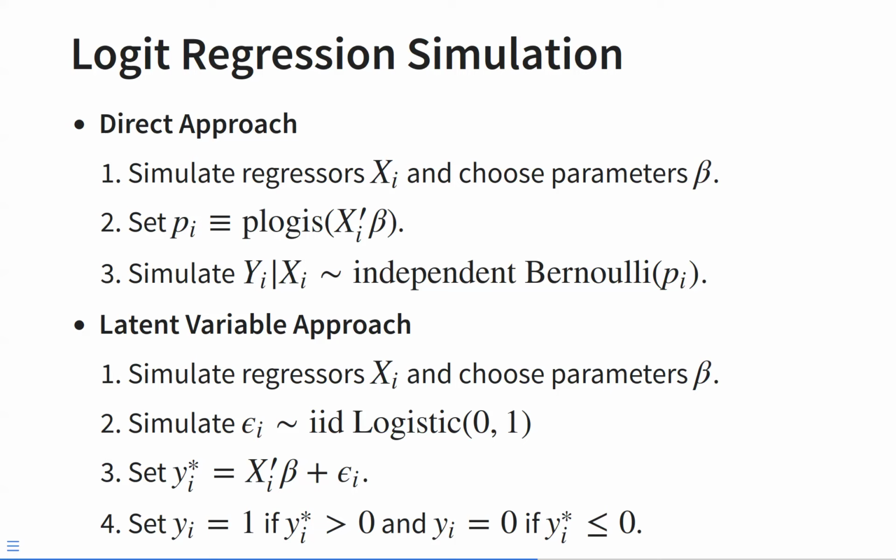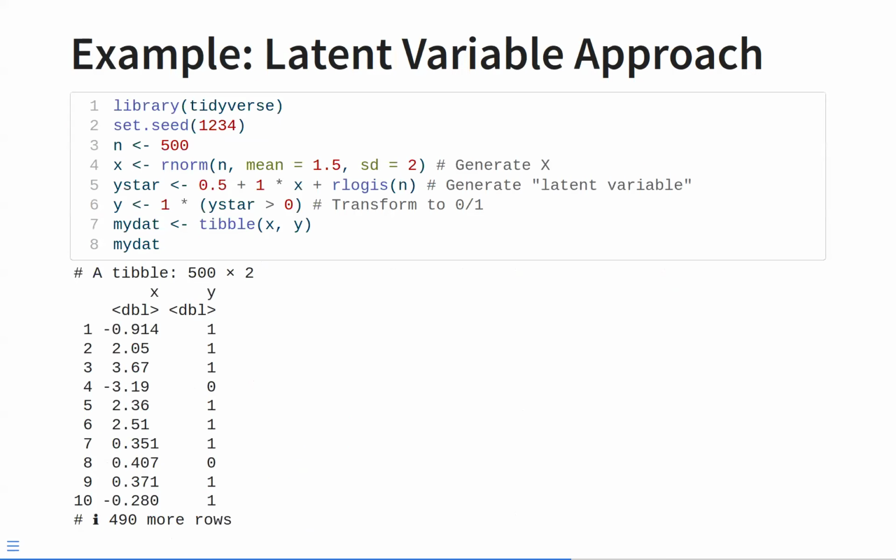And I claim that, in fact, these two approaches amount to the same thing. If you simulate your x's in the same way, and if you choose the same parameters, then either of these approaches will give you exactly the same conditional distribution of y given x. One of them does not have recourse to this latent y star. The other one does, but other than that, they're identical.